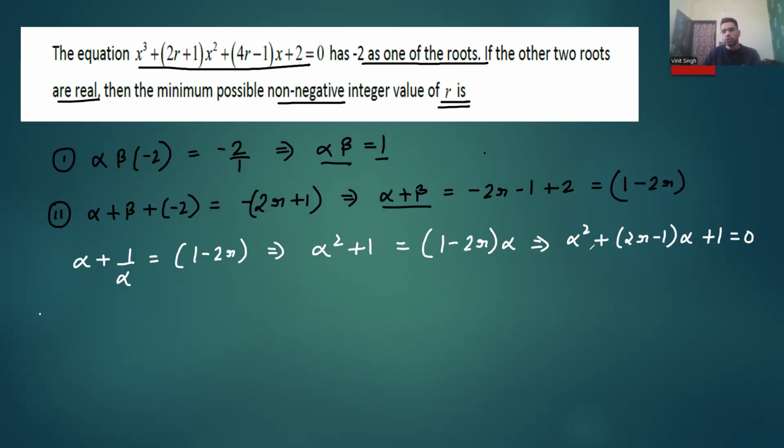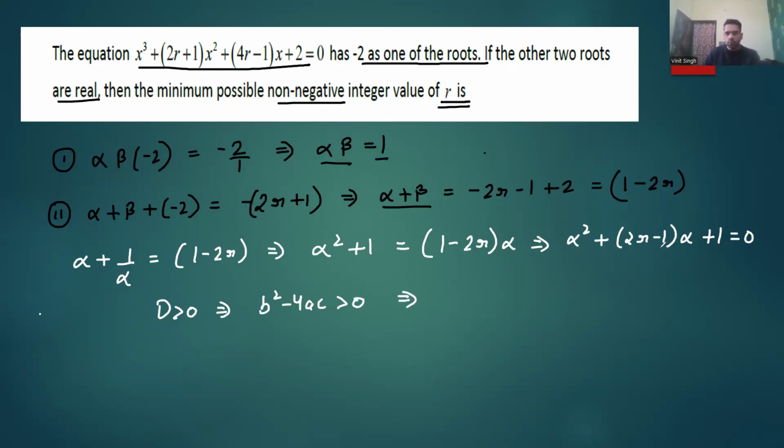So it becomes a quadratic equation, and the roots are real. So we can write in the form of D is greater than 0. So b square minus 4ac is greater than 0.